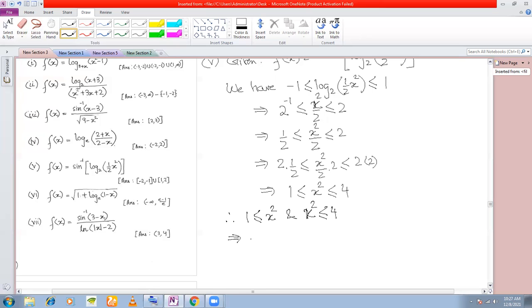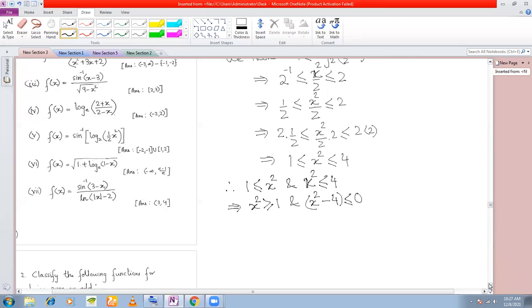That means you get x square greater than or equal to 1, and x square minus 4 is less than or equal to 0, right? So x square minus 1 is greater than or equal to 0, and x plus 2 into x minus 2 is less than or equal to 0.